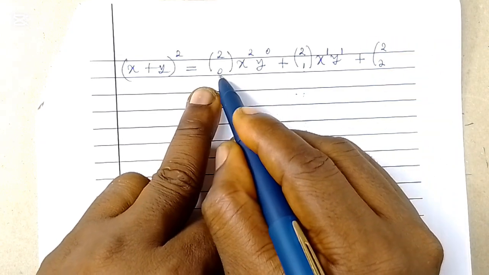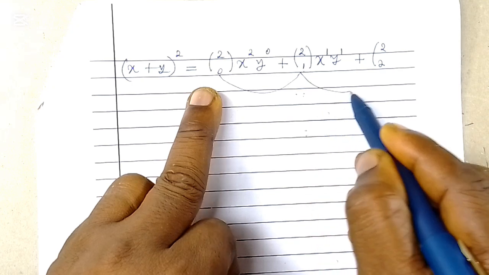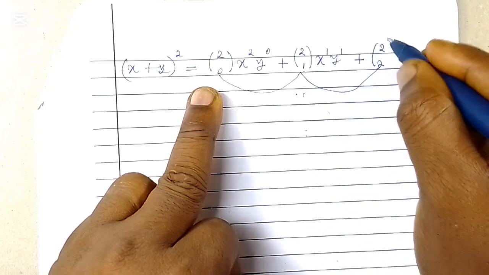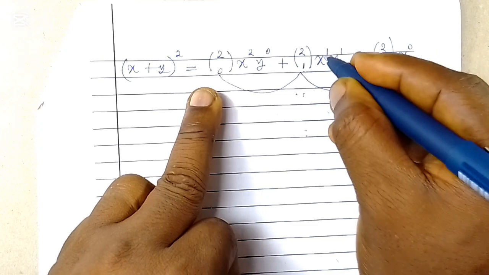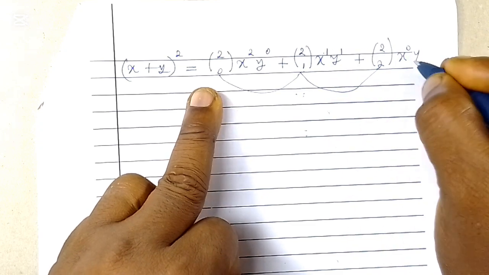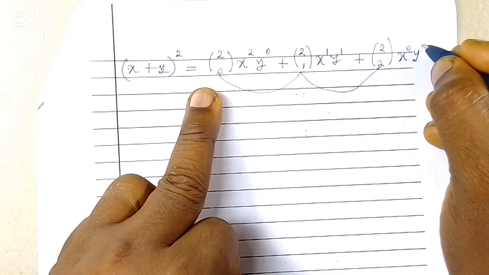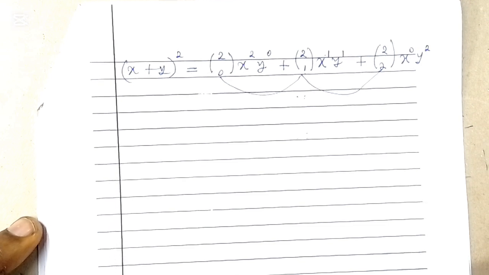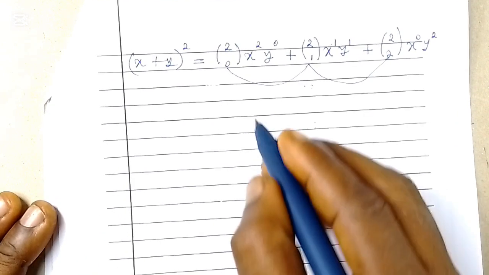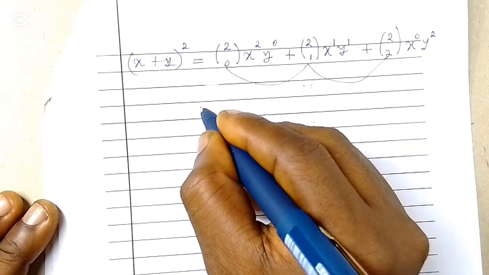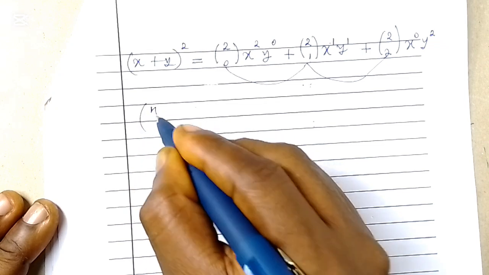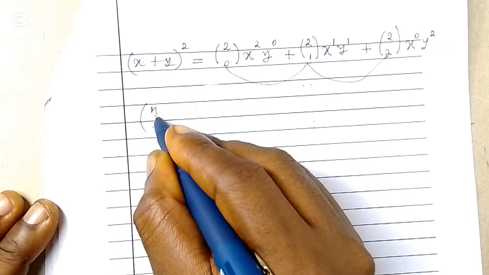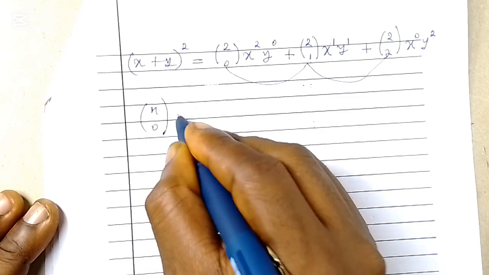Notice that I started with 0, increased to 1, and increased to 2 in the last term. And this will be x raised to power 0, when it decreases by 1 again from 1 to 0, and this will be y raised to power 2. Now, finally, once you do this, you can simplify. Please take note. I'm going to give you the following rules. Anything combination 0 is 1.